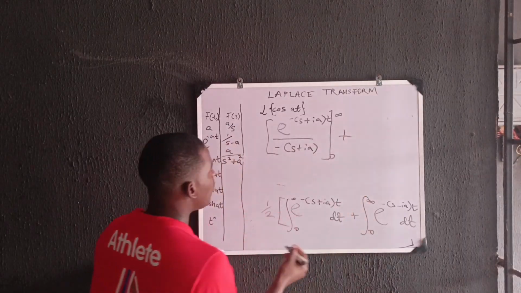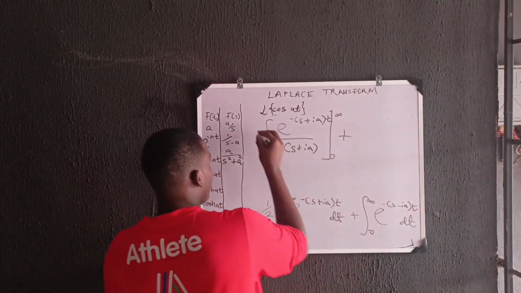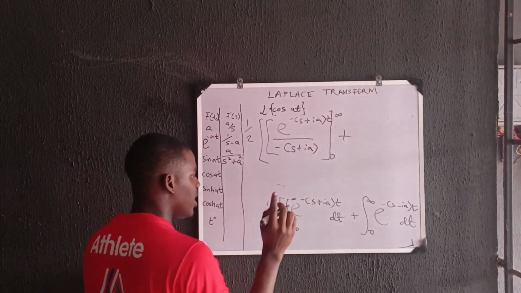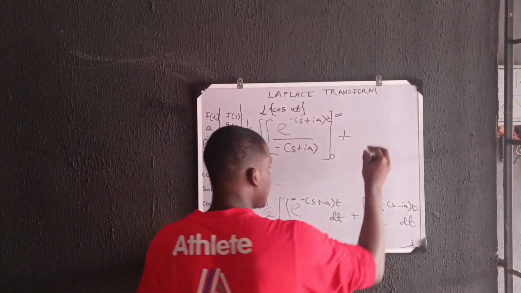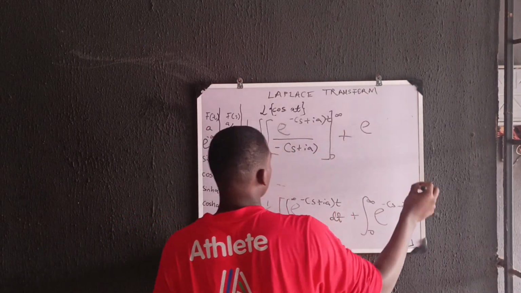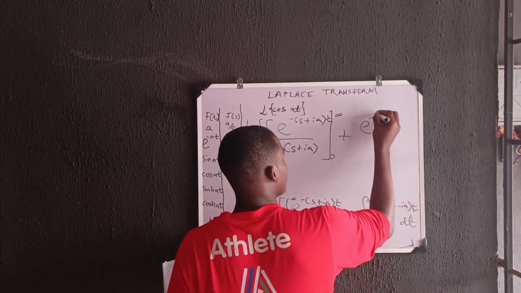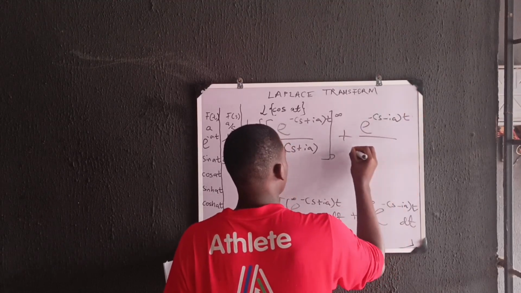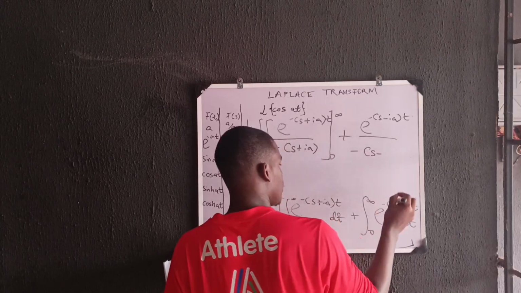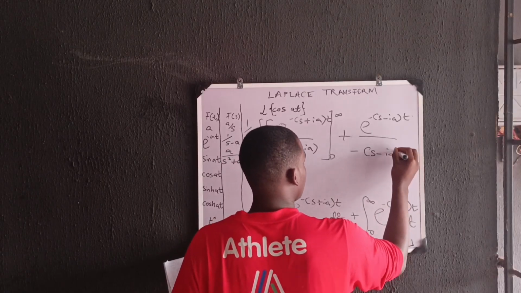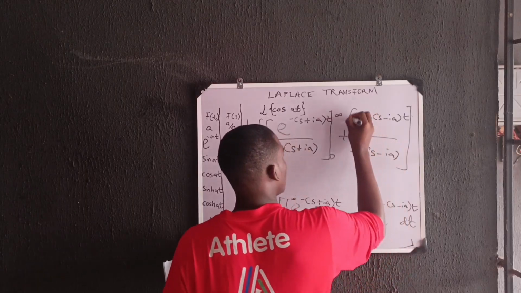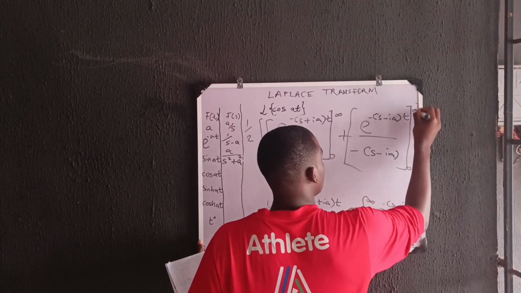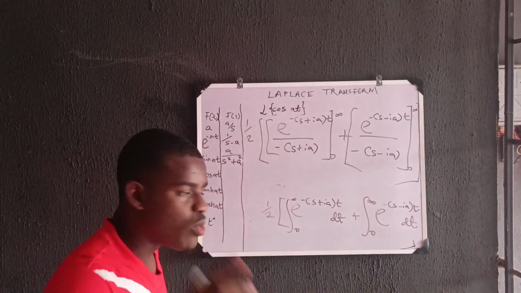Plus, remember 1 over 2 is still sitting outside, plus e to the negative S minus IA multiplied by t, all over negative S minus IA, yes. This also on a range of 0 to infinity. Close everything. This is what we have now.